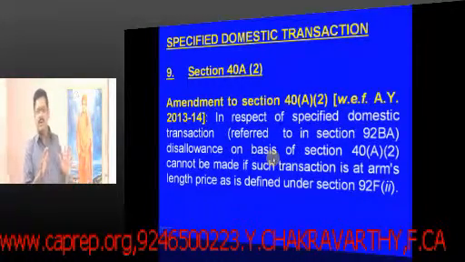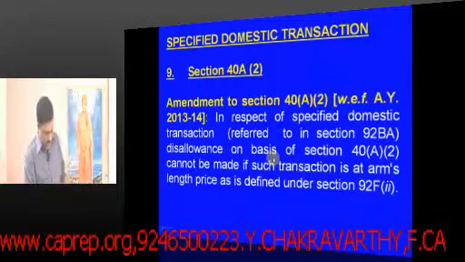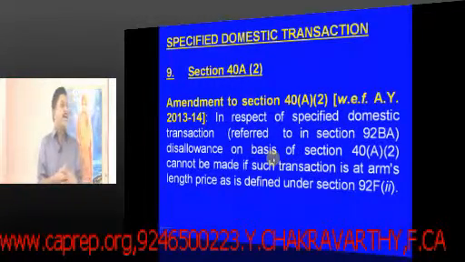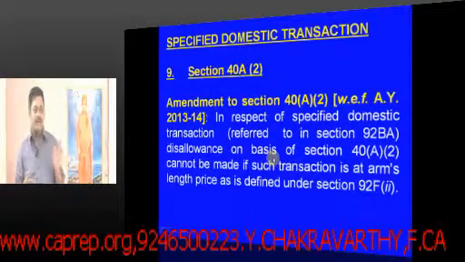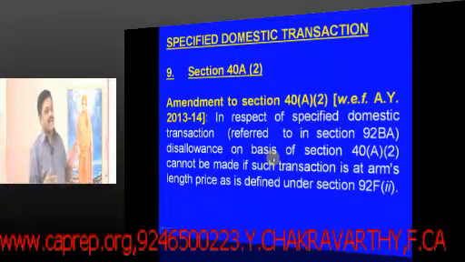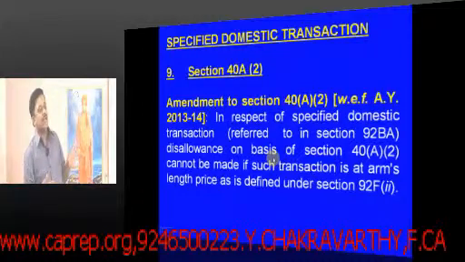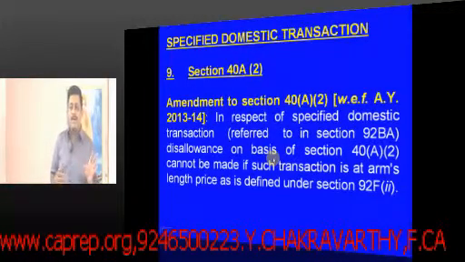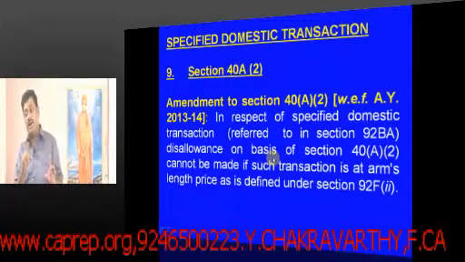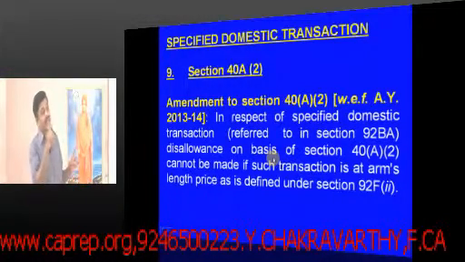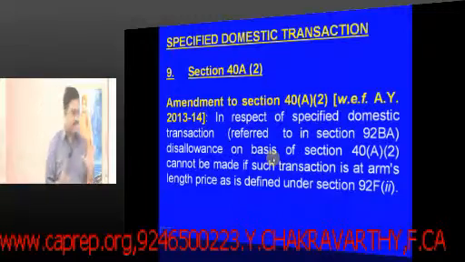Here also last year the effort was largely to that end, and they said that for domestic transactions, of course, these are transfer pricing provisions, the arm's length price concept, these are all being applied to transactions exceeding 5 crores.